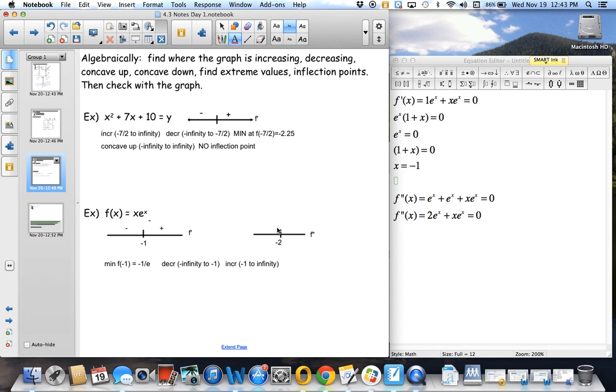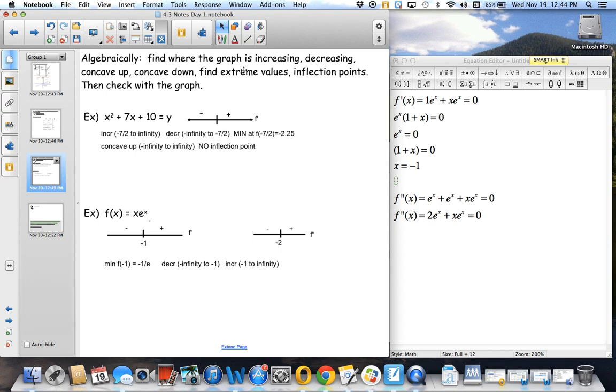When you go and test and plug in numbers over here, plug in numbers over here, go do that real quick and we'll see if we get negatives or positives. Okay, did you get what I got? I had that it was negative here and positive here. So what does that mean for us?